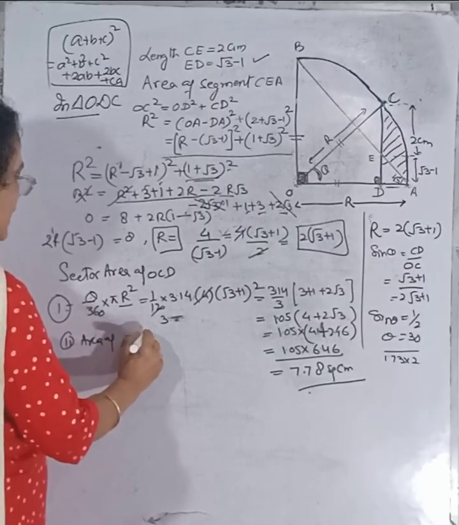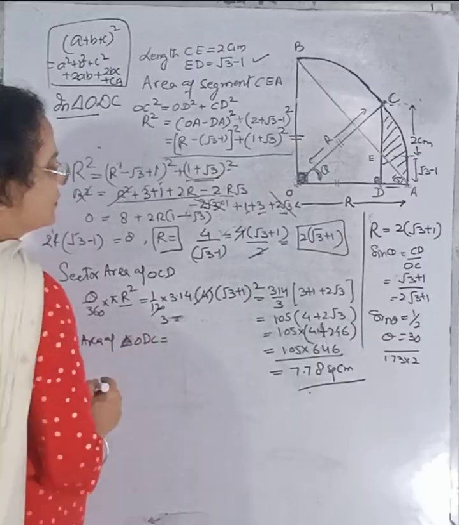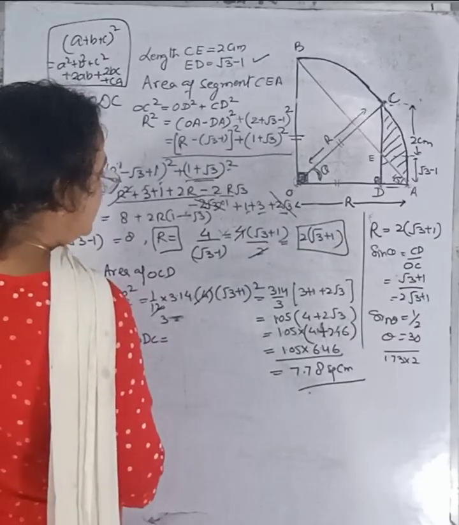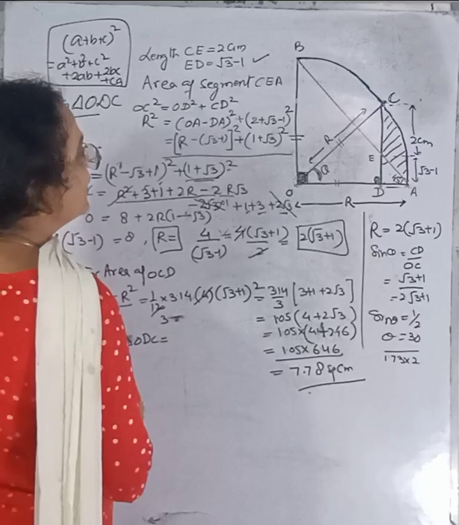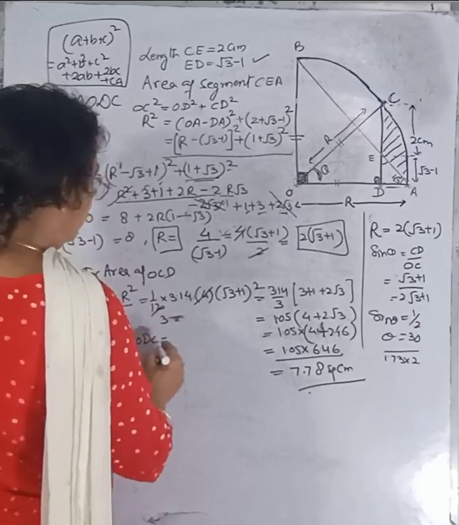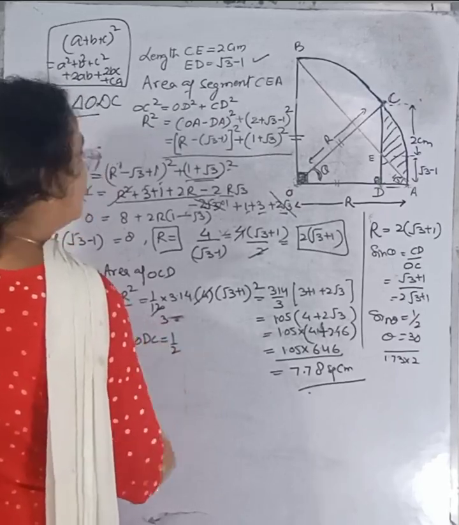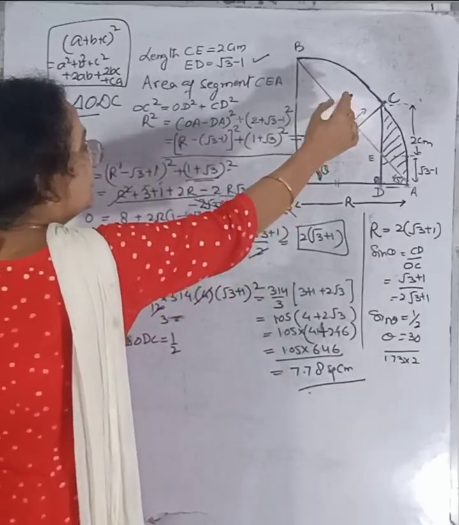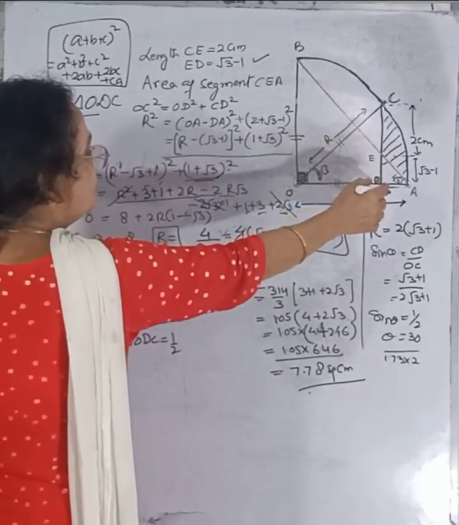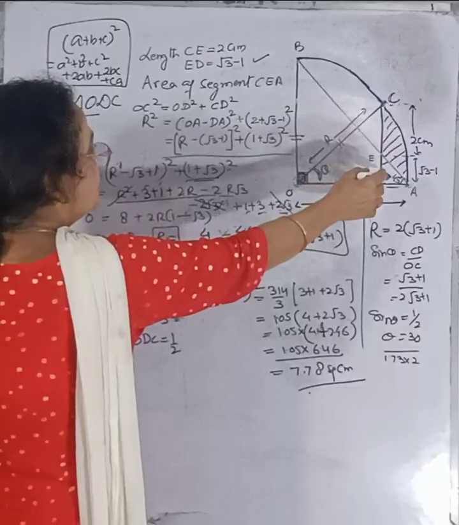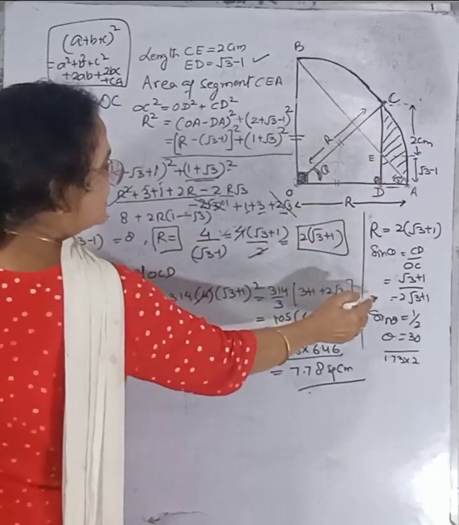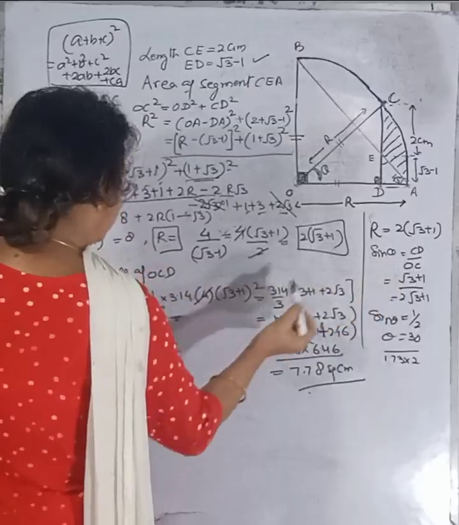triangle ODC, this will be equal to 1/2 into CD into OD. CD was root 3 plus 1.